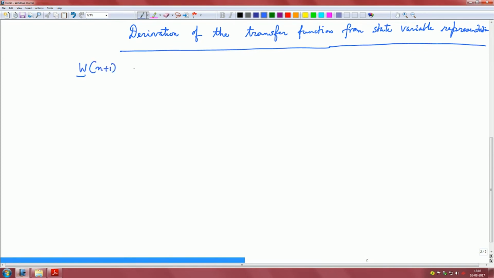W of n plus 1 is basically some matrix A times Wn plus some vector B times x of n. x of n is a scalar, but we could have a vector also for this.